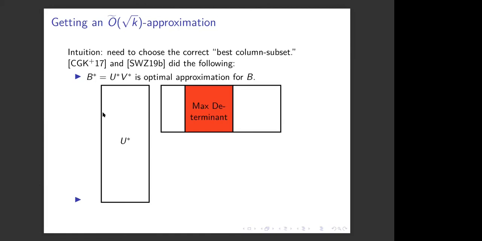So by the triangle inequality, this gives an O of k factor of optimal error. But it's not clear how this argument can be improved.